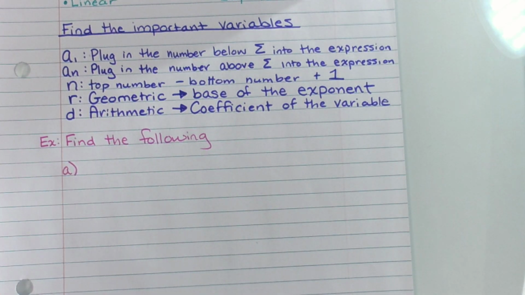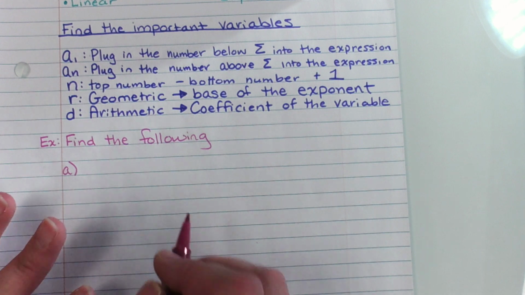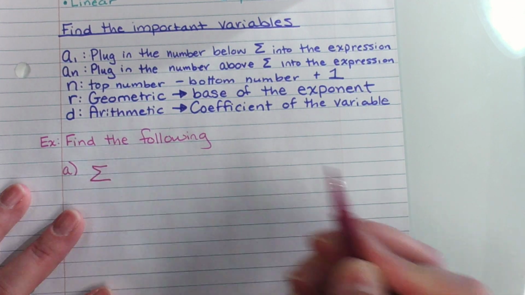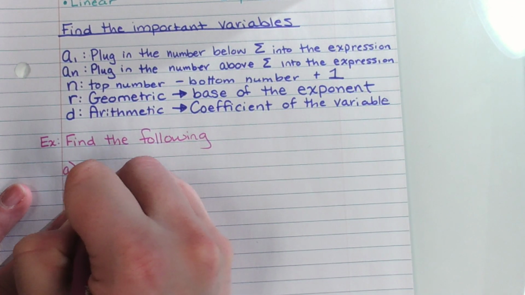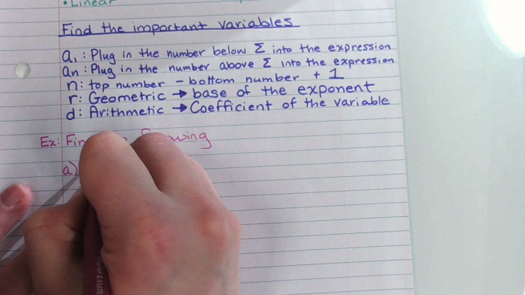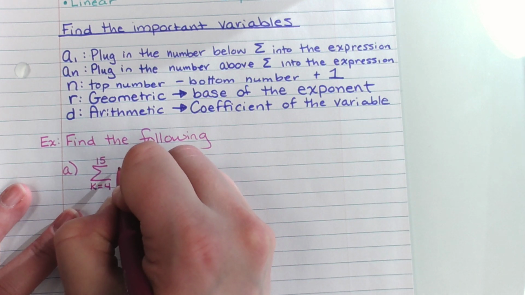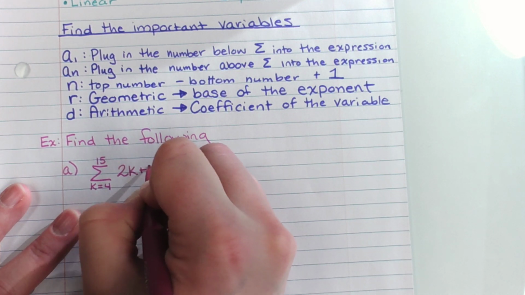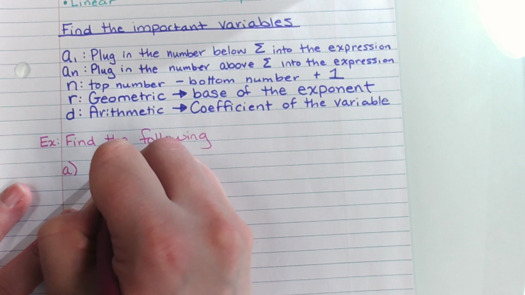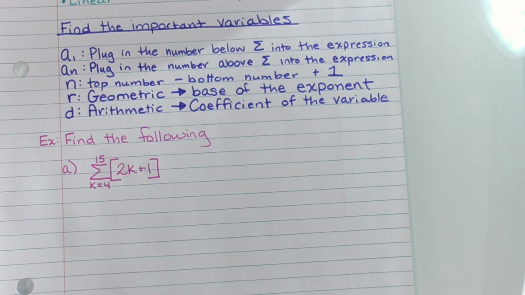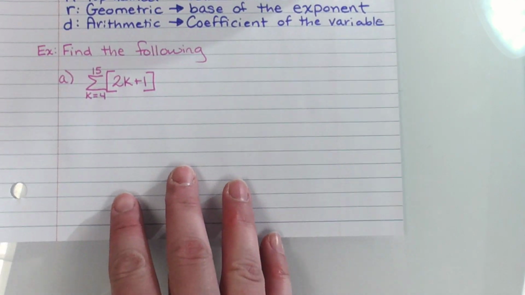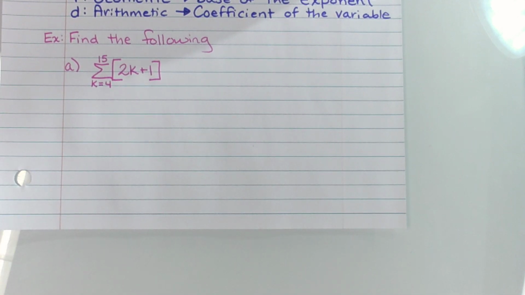So, you're going to be asked to find the following. And then they'll give you an expression. Now, in all technicality, if it is arithmetic especially, you're going to see either brackets or parentheses around the expression.